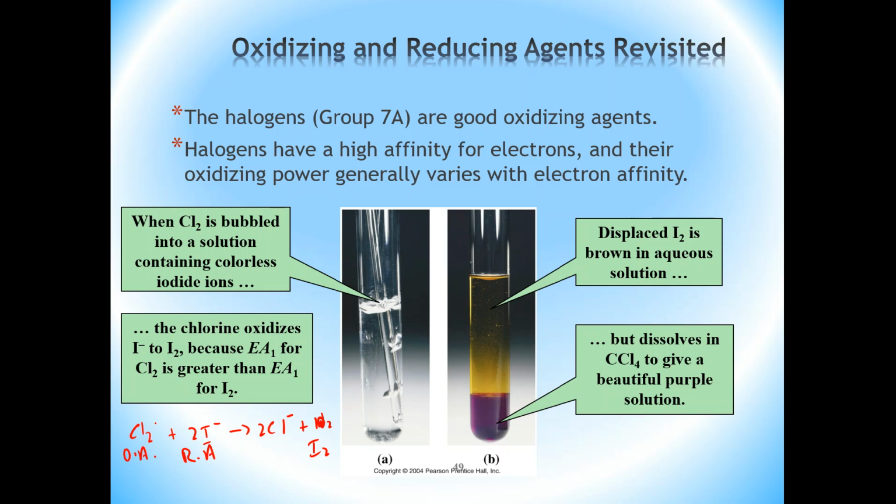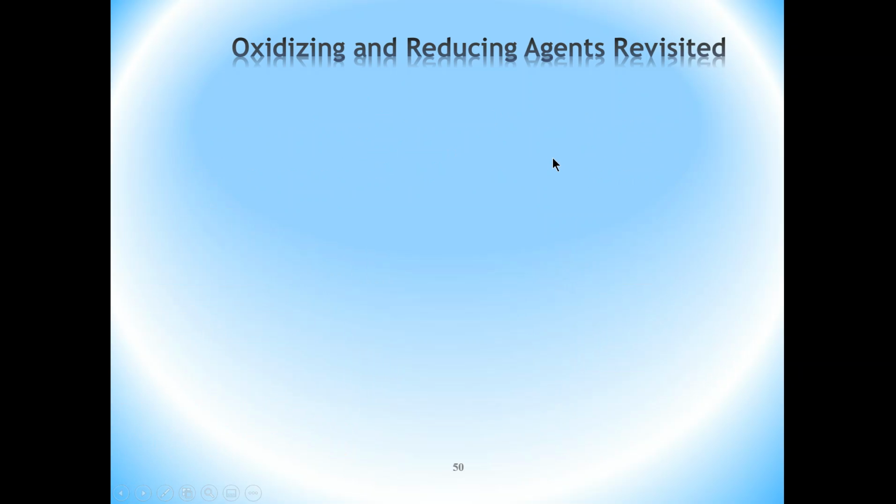And that's because the chlorine is above the iodine in the periodic table in group 7. Okay, and you can, of course, figure out what will happen if you bubble, let's say, fluorine into chloride ions and so on. Okay, so that's group 7A.